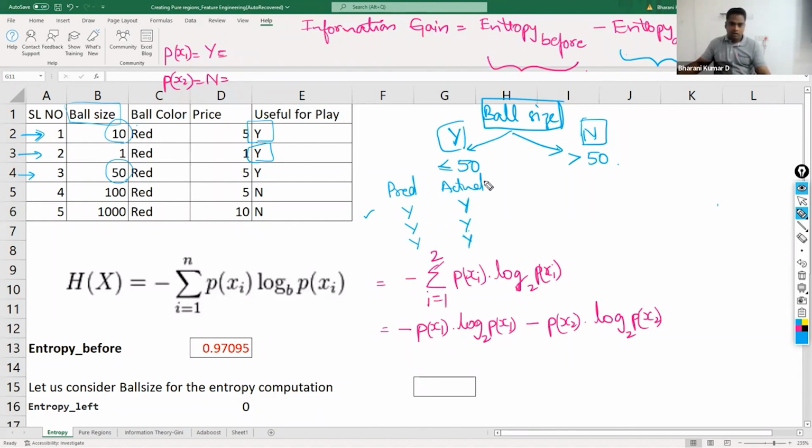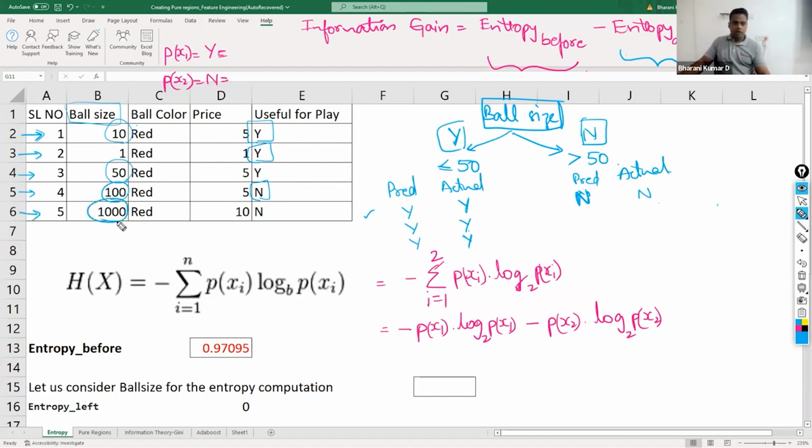Okay. The right side is done. Now let's go to the next value, which is 100. Is 100 less than or equal to 50? No. Is it greater than 50? Yeah. 100 is greater than 50. So what does the predicted value say? No. Predicted value here says no. And your actual value also says no. So again, there is a match.